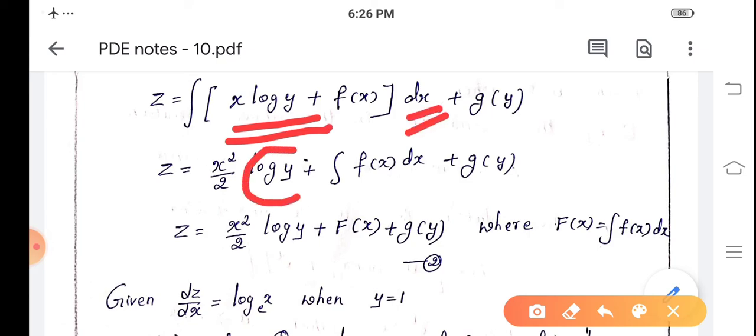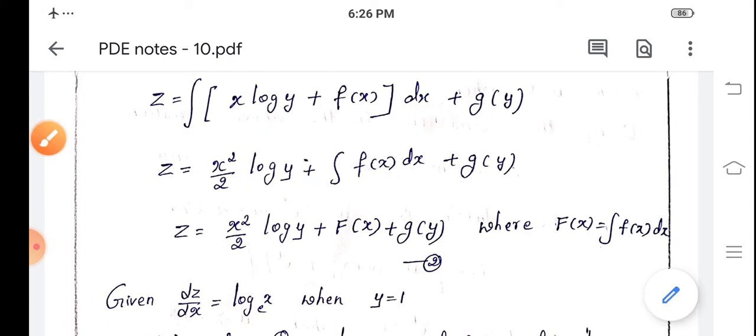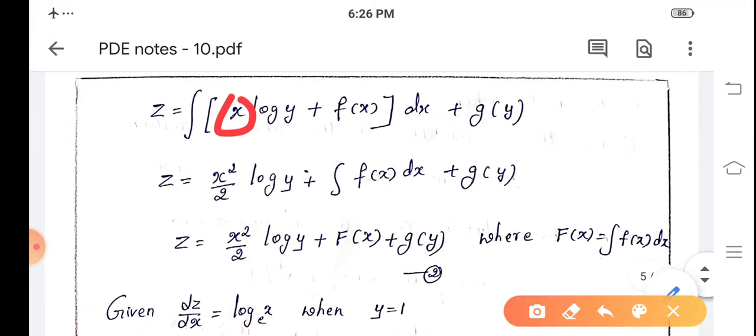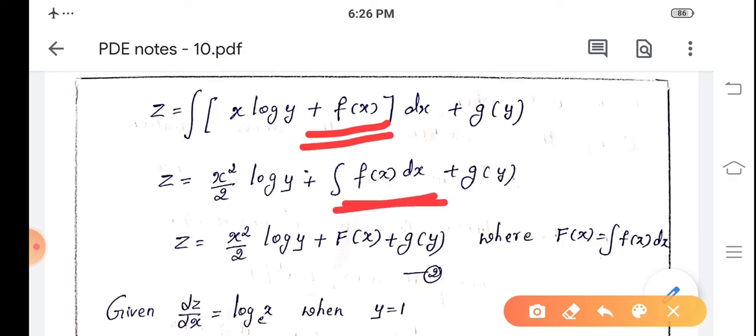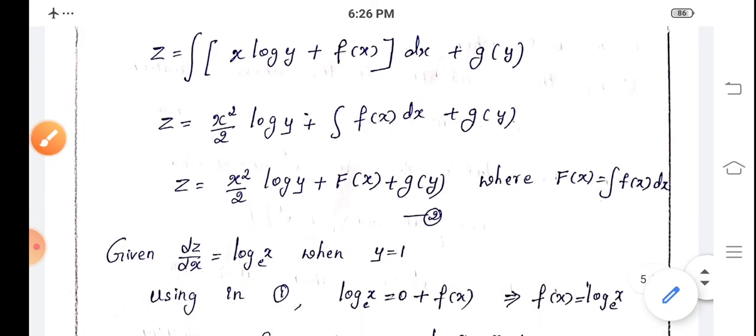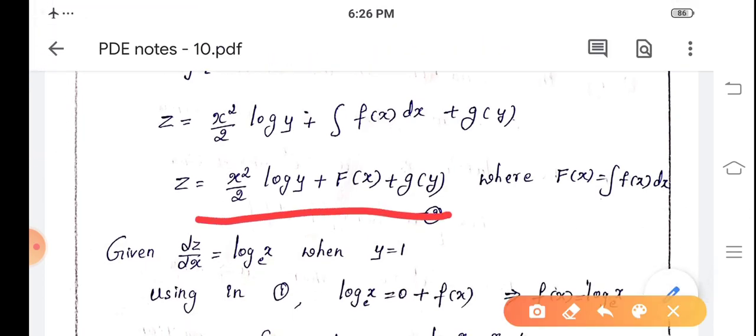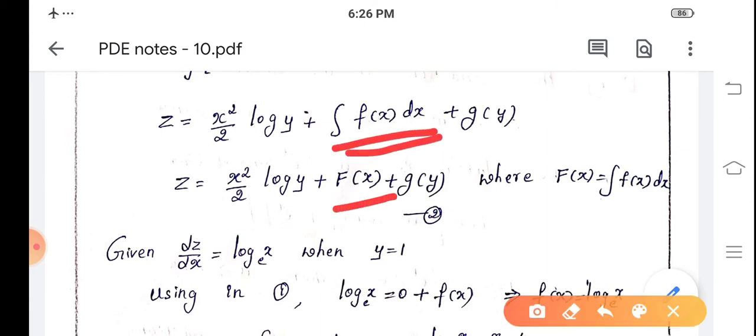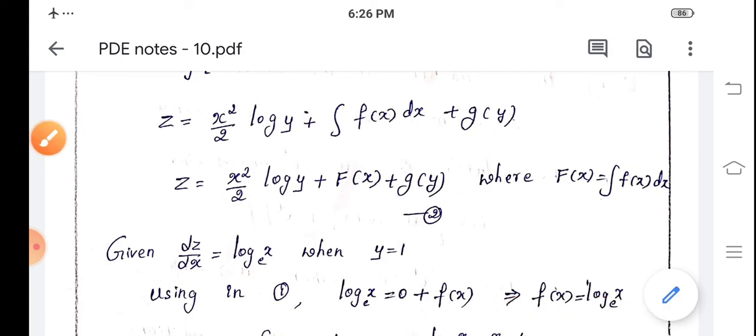The y term is constant, log y into integration of x, which is x squared by 2, plus integration of f of x dx plus g of y. We write it as z = x²/2 log y plus, taking the integration of f of x dx as capital F of x, plus g of y. That is equation number 2.